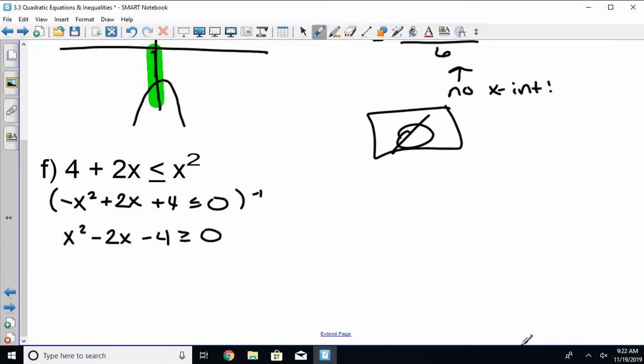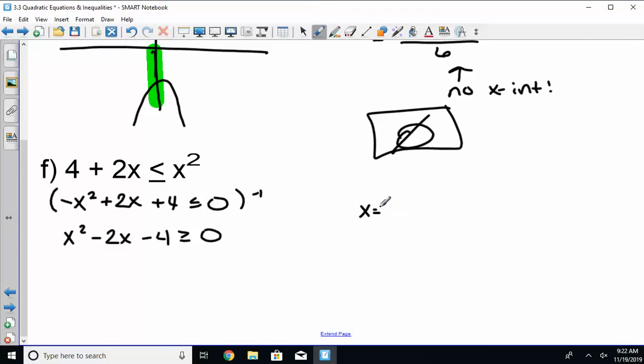Now we can do the good old box method. What multiplies to negative 4 and adds to negative 2? Oh. Never mind. Can't do box method. What can we do? Nothing multiplies to negative 4 and adds to negative 2. We could also do complete the square if you guys know it first.